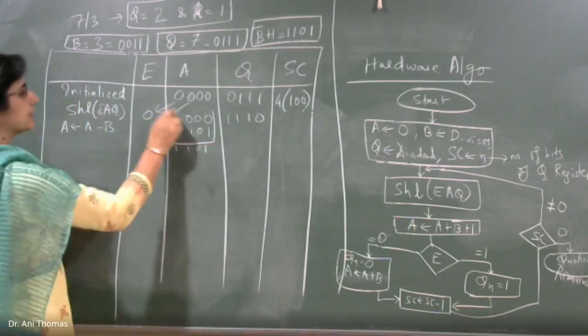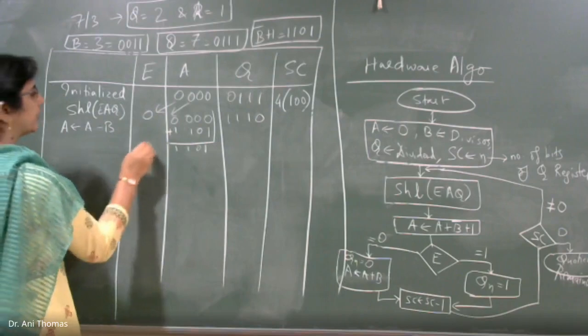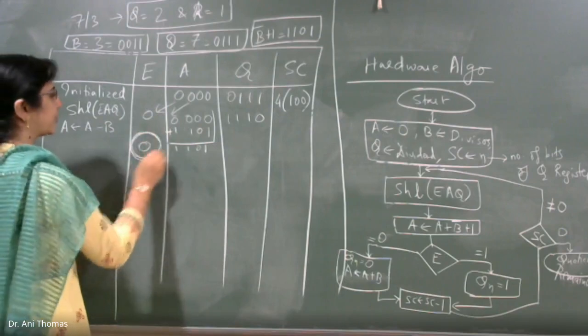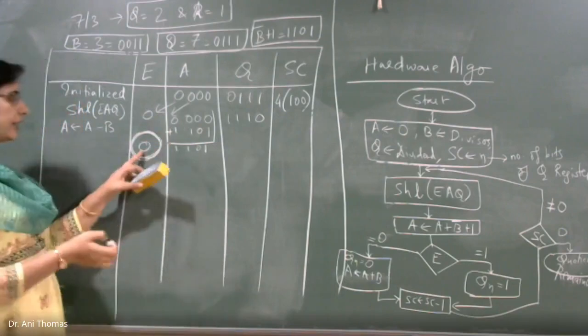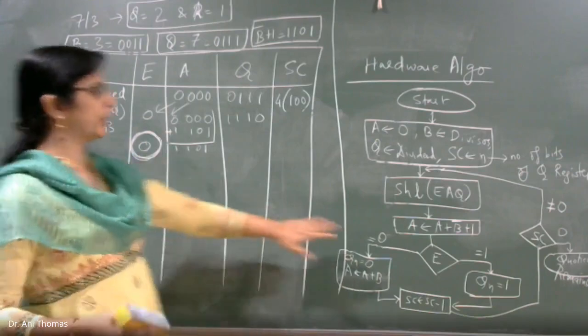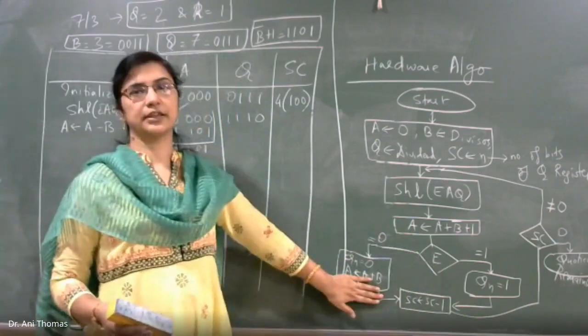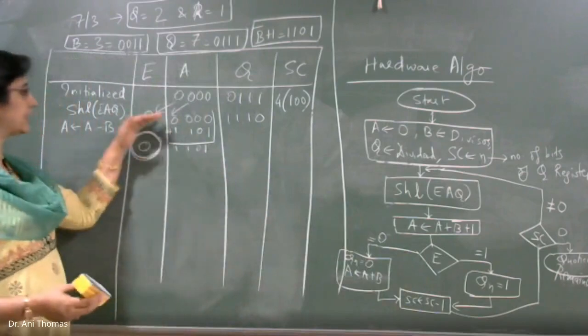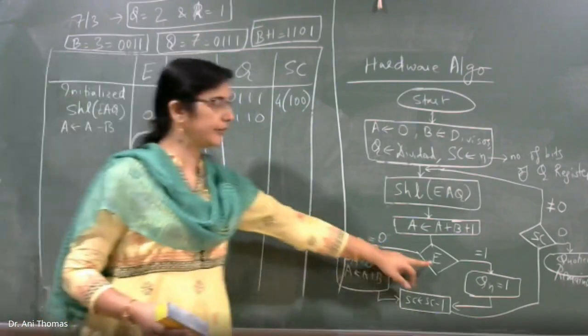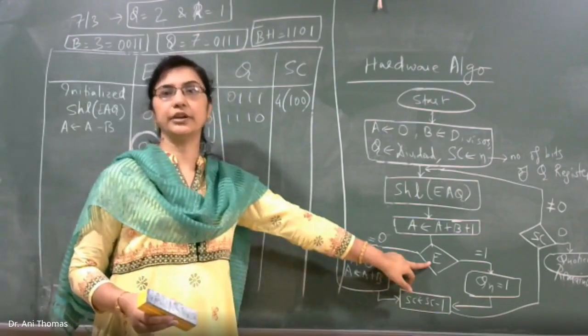But after this subtraction, we are getting the value of E as 0. This is important here. The next process depends on the value of E being 0, because now after this subtraction, we are concentrating only on E.